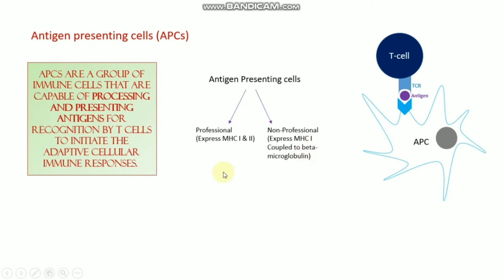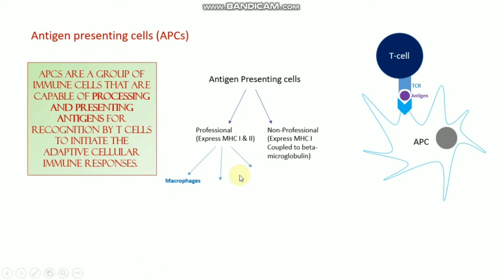Another big difference between these two groups is that the professional antigen presenting cells are very much specialized to process and present antigens compared to the non-professional antigen presenting cells.